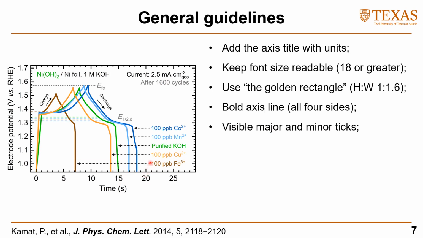This is extremely helpful because, for instance, if you're looking at one potential here, you can easily tell that is 1.1 volts. But if you're on the other side, instead of having to look into the left axis, you can just go right and you can see the same coordinate, right? So that's why it's important to have all the 4 axes with major and minor ticks all the time. And make sure they are bold so you can easily spot these lines.